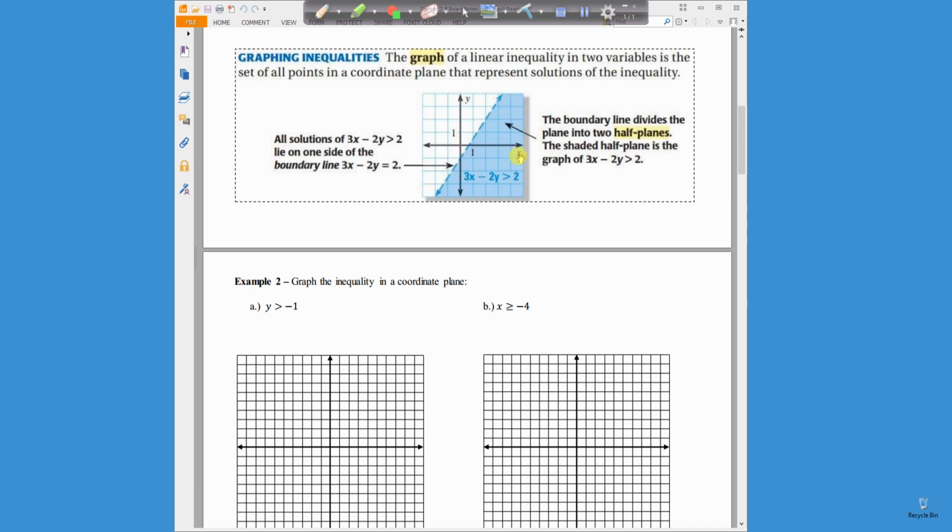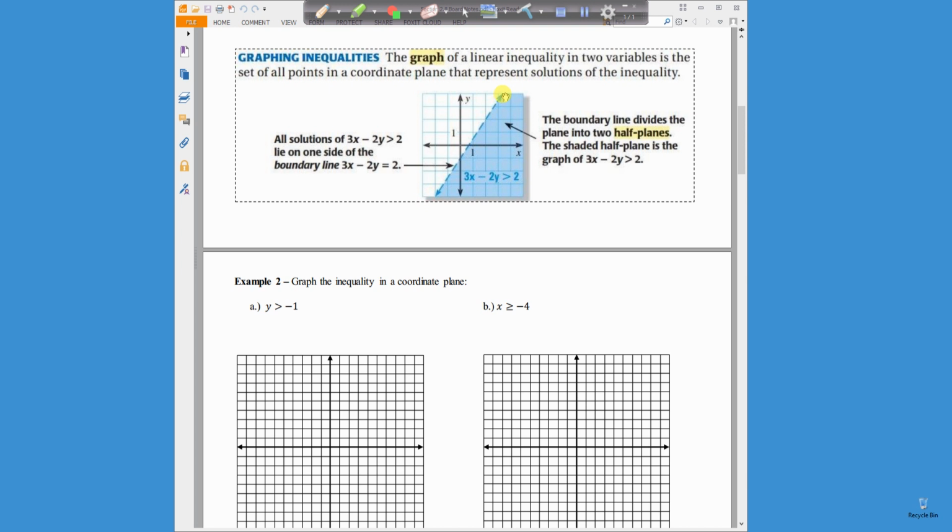And so it's a little bit different from a linear equation, because the solutions to a linear equation are on the line, but these are an entire region, and if it's only greater than or less than, actually the boundary line of the region is not included in the solutions. So points on this line here would not be solutions to the linear inequality.